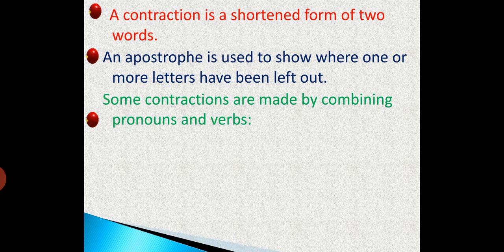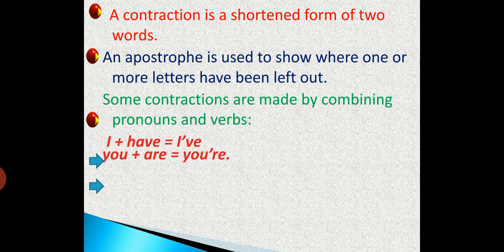Some contractions are made by combining pronouns and verbs. For example, I plus have. I is a pronoun plus have is a verb, so it's gonna be I've. So I made the contraction for have.